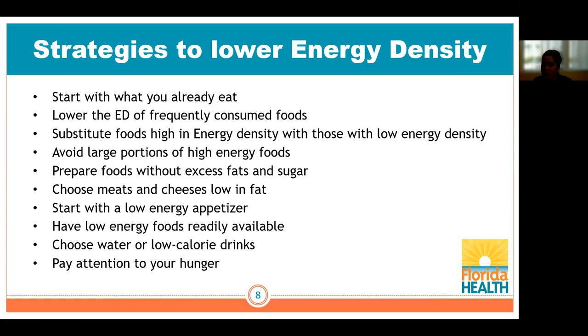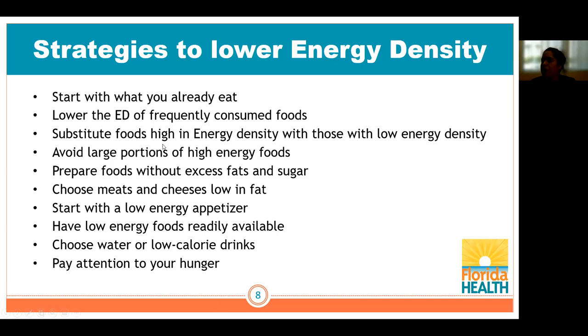Start with what you already eat. If you're a meal planner and you already know what you're going to eat, then start with that. Maybe change the way you're cooking. Instead of frying, you're going to bake it. You can also use the air fryer. Small changes like that to start with, just until you get used to figuring out what energy density is.